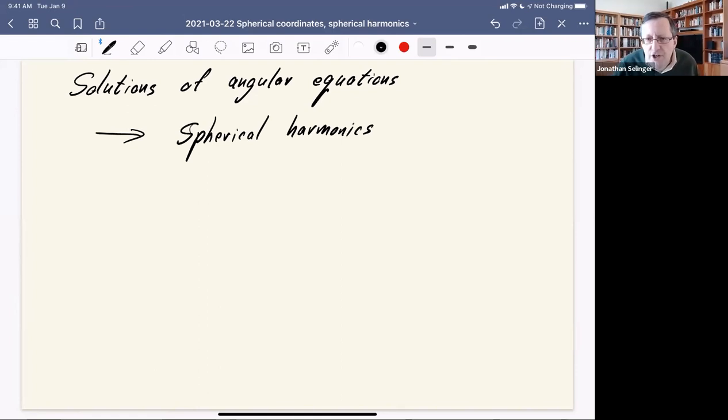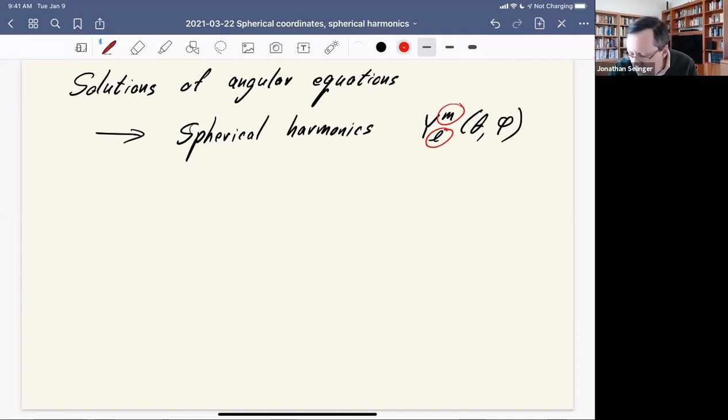These functions are used in E&M a lot also. They are written as Y_L^M of theta and phi.